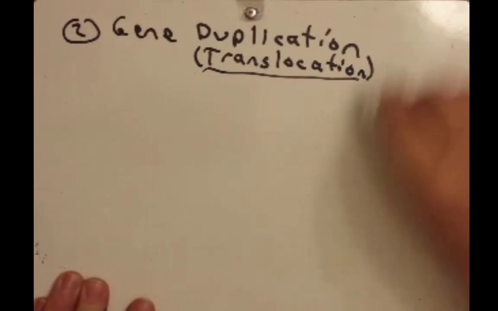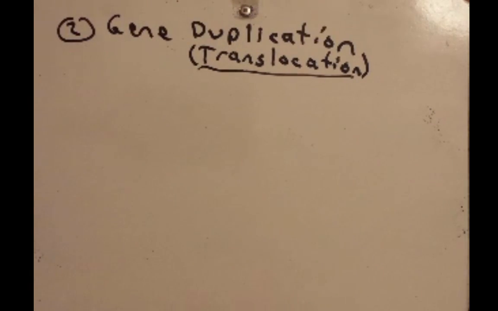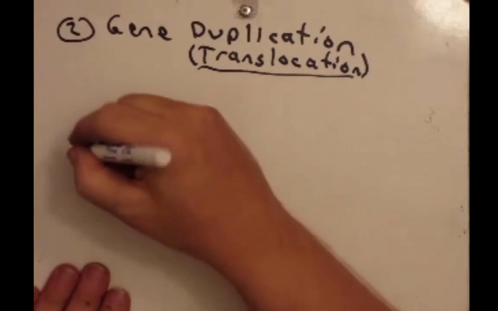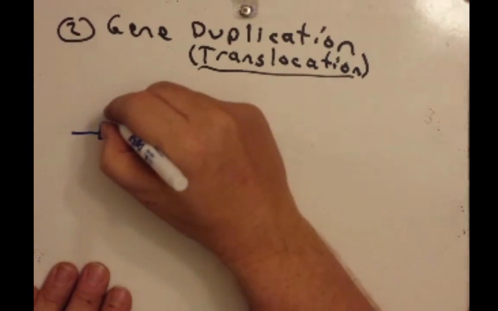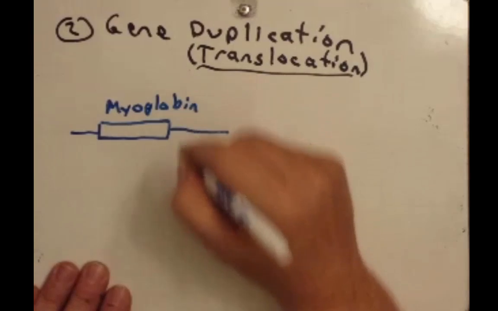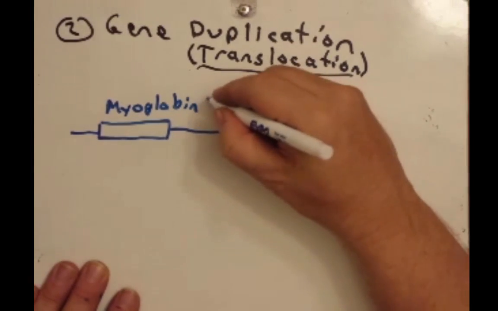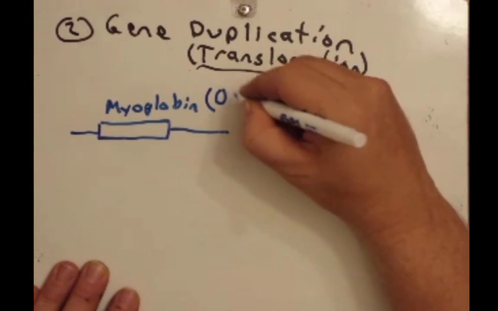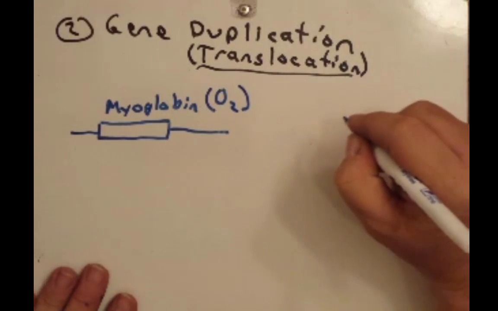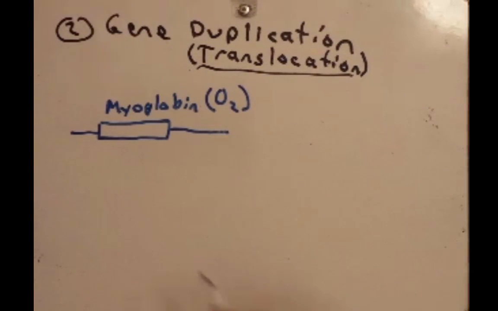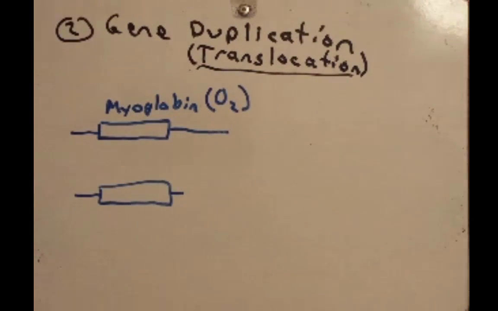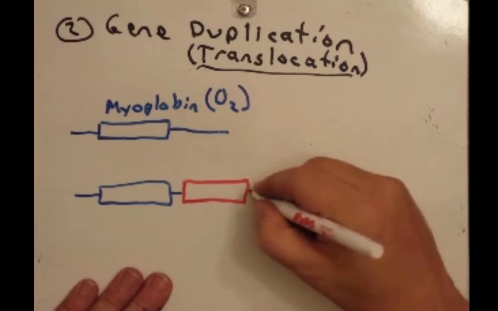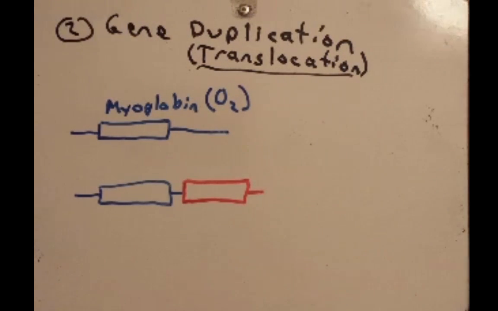And since we're talking about it, I want to tell you about one here that's very specific. There's a gene, and we still have it in our genome today, called myoglobin. You don't have to know too much about it, but you should know that its main job is to bind oxygen and deliver it to cells. We know that this myoglobin gene experienced a gene duplication. Now, you only need one myoglobin to survive.